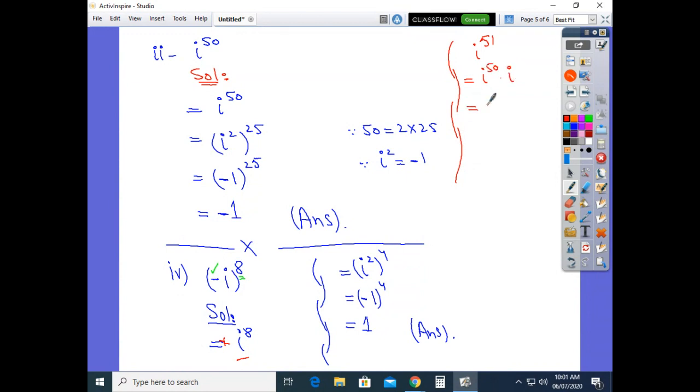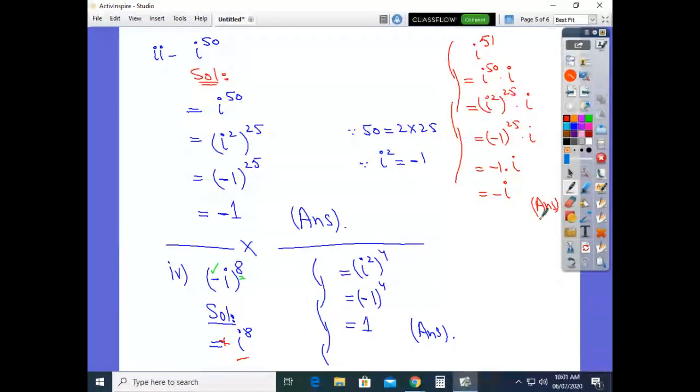Now we split it into iota square raised to power 25 into iota. What is iota square? Iota square is negative 1 raised to power 25 into iota. Now the power is odd, therefore negative 1 multiplied by iota becomes negative iota. Clear? If the power is odd, first of all split it into even, then solve it.